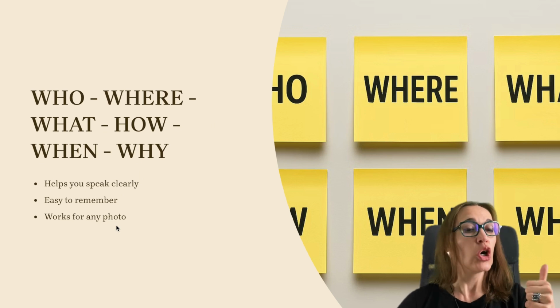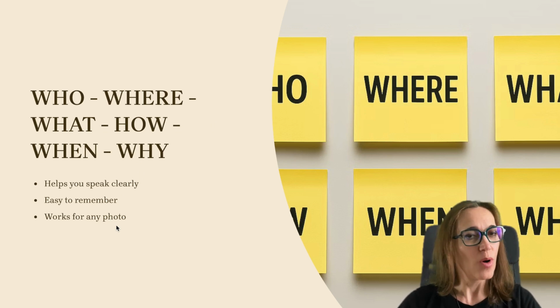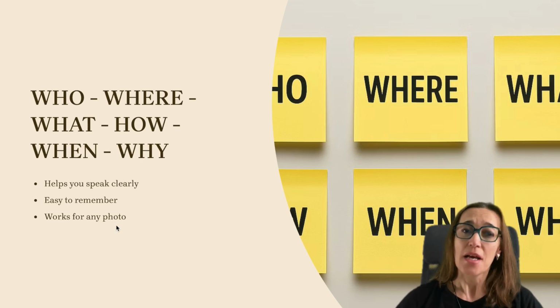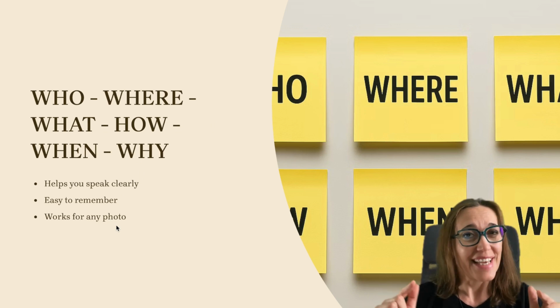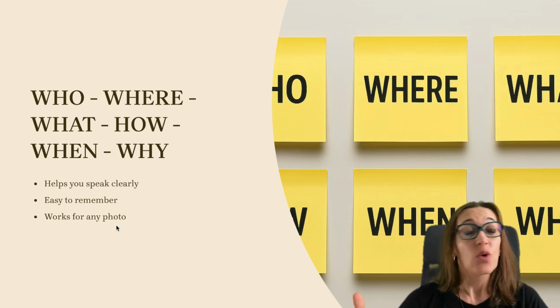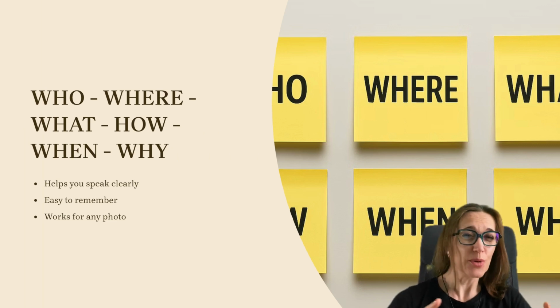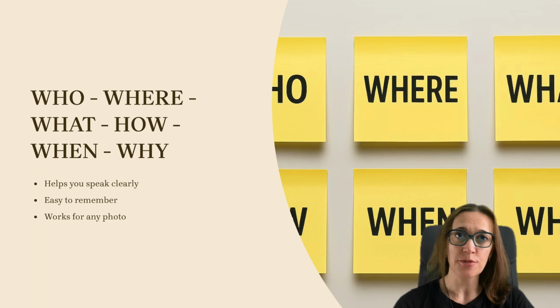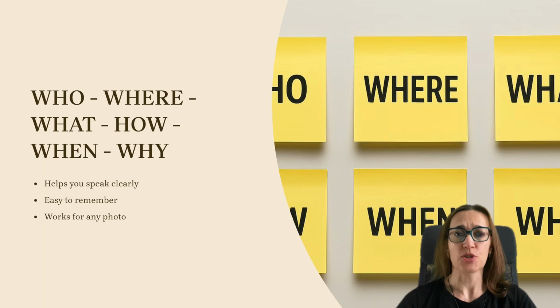And they are who, where, what, how, when, and why. By the way, we don't need to answer all of them, but they are here for us to speak with more confidence. You know what? We're going to try these WH question words with one photo so that we practice structuring our description.